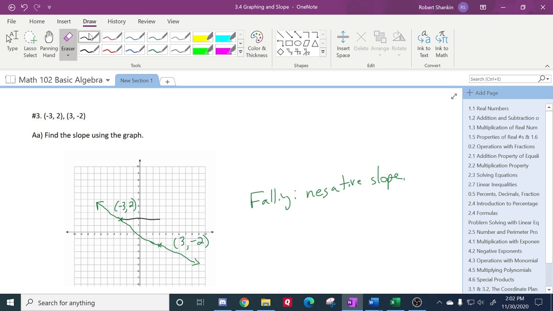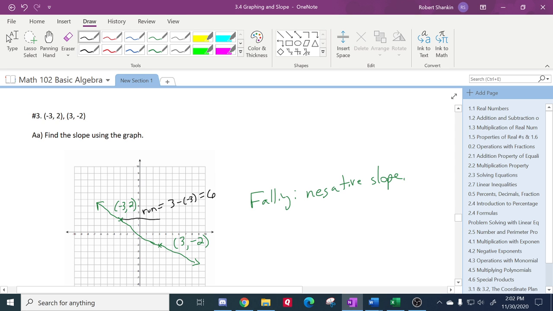Till I'm directly above or below the other point. And then I'm going to figure out how much I ran. Now I could count the little squares, or I can say, oh, remember it's these two x coordinates. There was 3 that I was going to run to get to 0, and then 3 more I was going to run to get to this. Or it's always the rightmost minus the leftmost x coordinate. And that's 6.